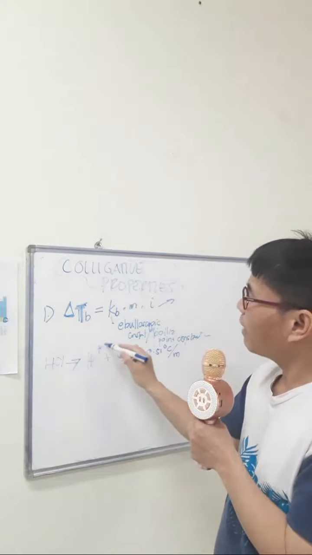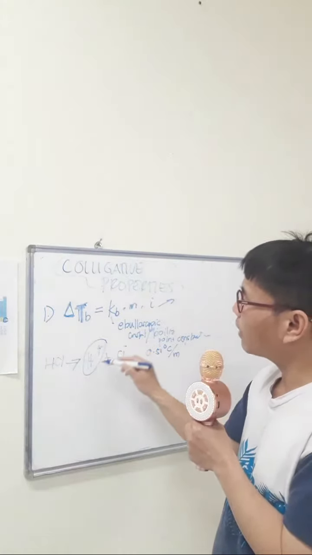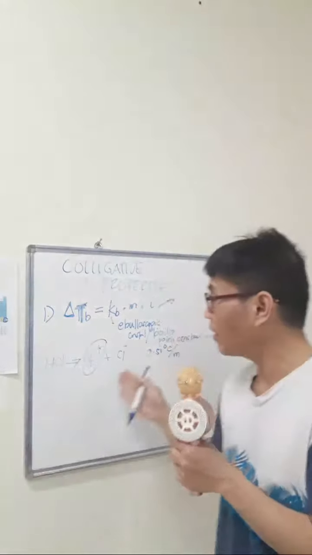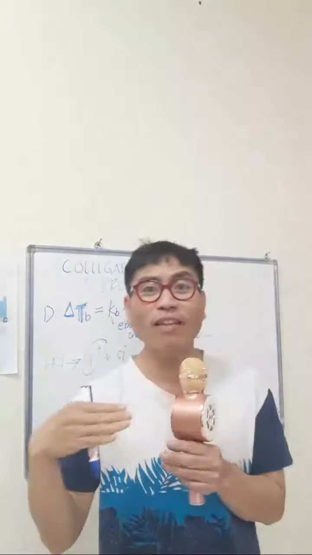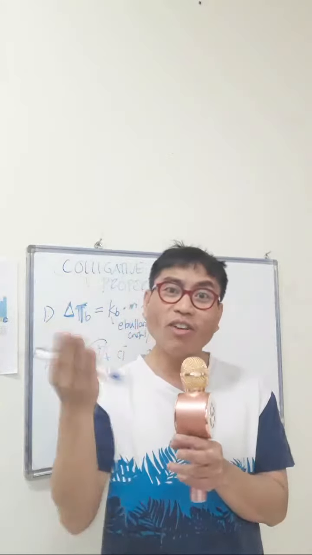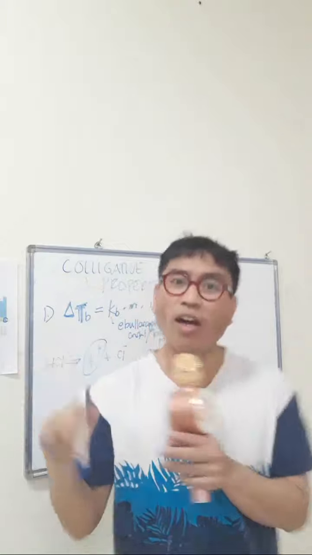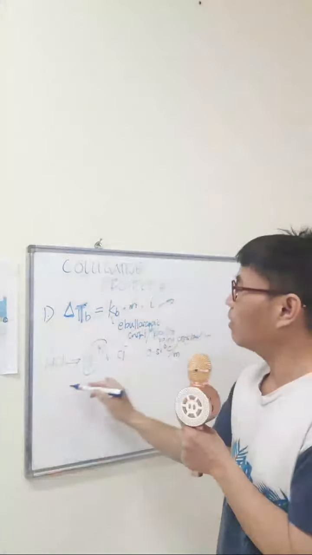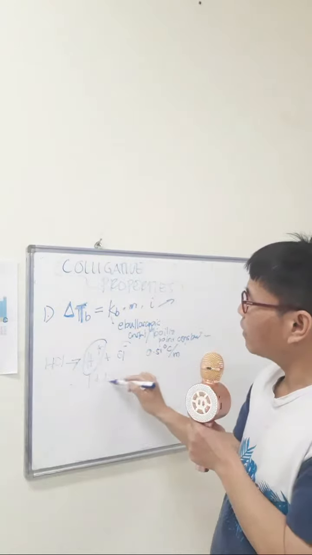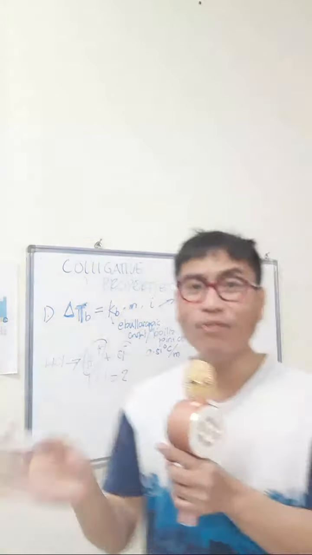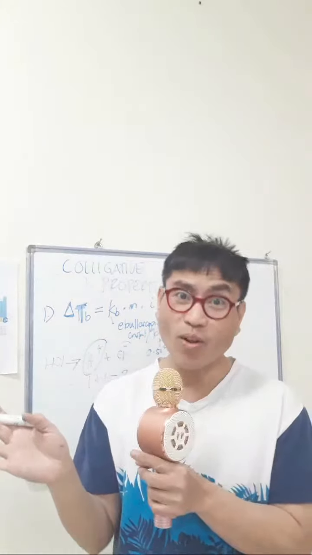In our normality theory, we will only consider the H plus. We will never consider the chloride. But the Van't Hoff factor considers the two, the hydrogen and the chlorine. So 1 plus 1 is equal to 2. Our i, the Van't Hoff factor for hydrochloric acid, is equal to 2.